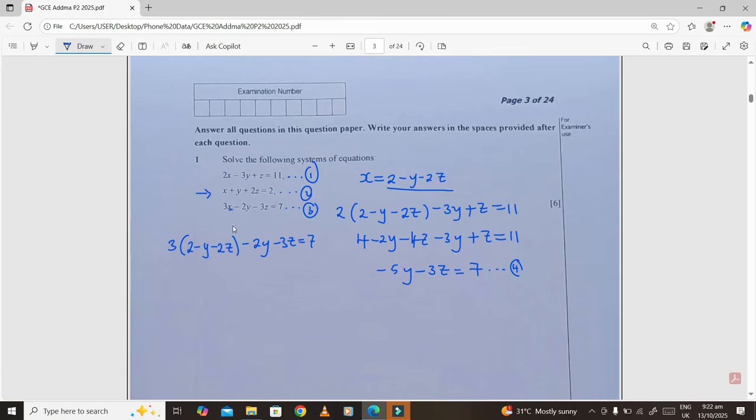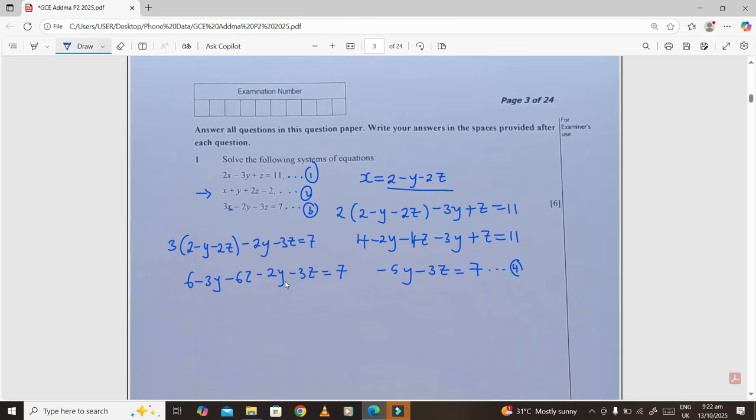Just where there's x, you substitute this. You do the same, get rid of the brackets. So it will be 3 by 2, that is a 6, minus 3y minus 6z minus 2y minus 3z is equal to 7. So we simplify.